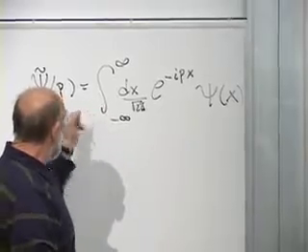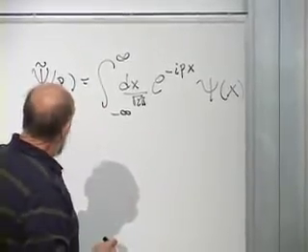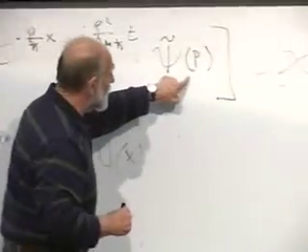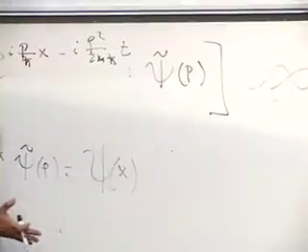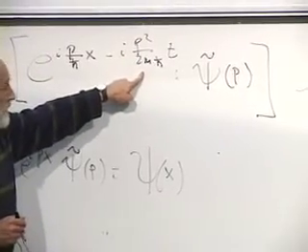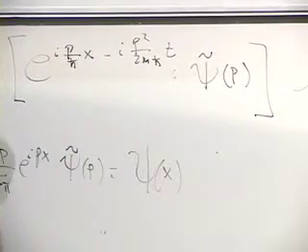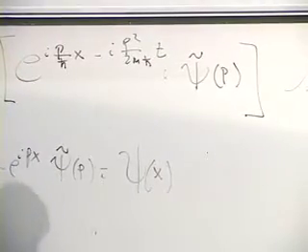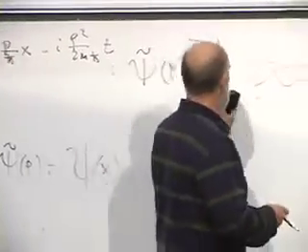All right? So you first find psi twiddle of p. Once you've found psi twiddle of p, you stick it into this formula, which is basically the same formula, except that it now has time dependence. This becomes psi of x and t.